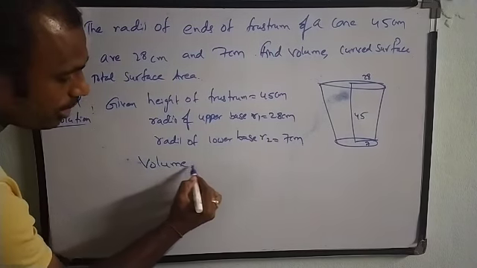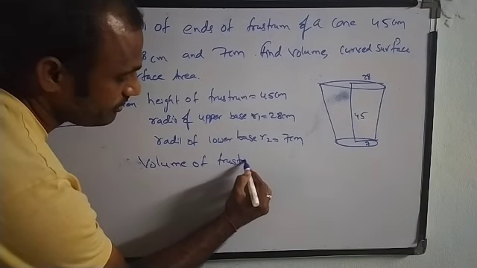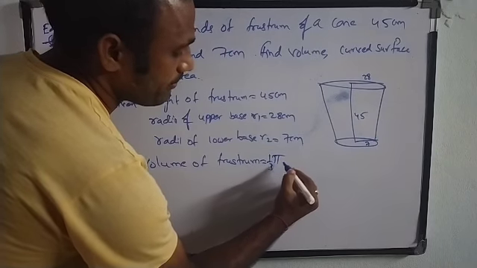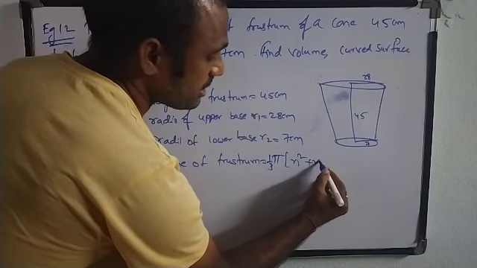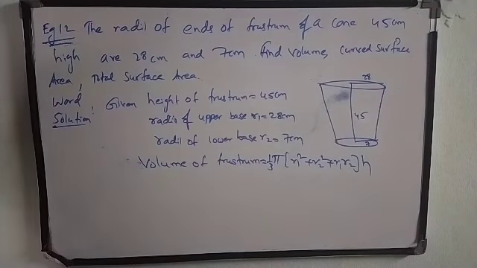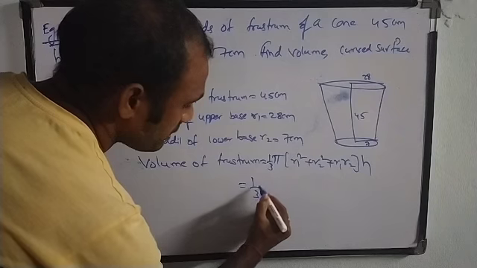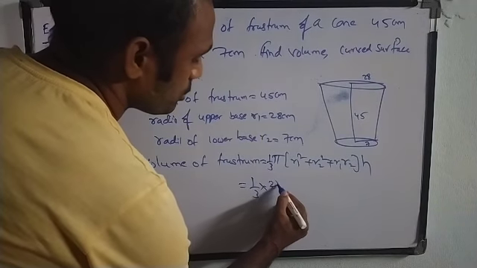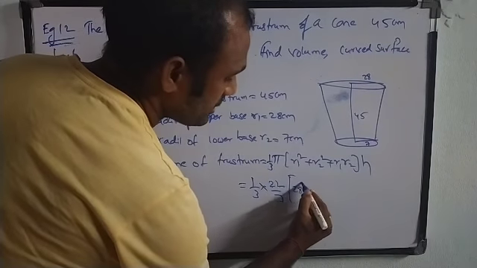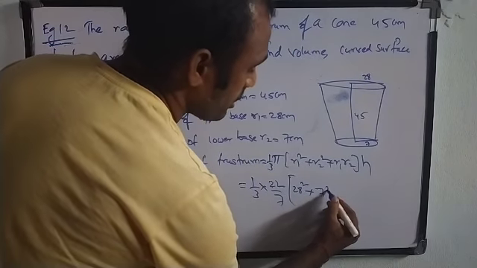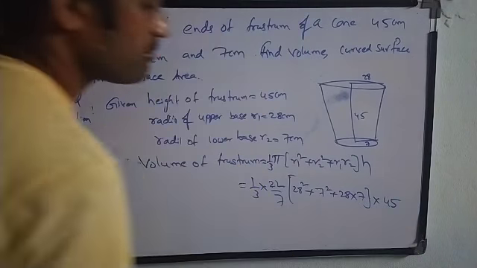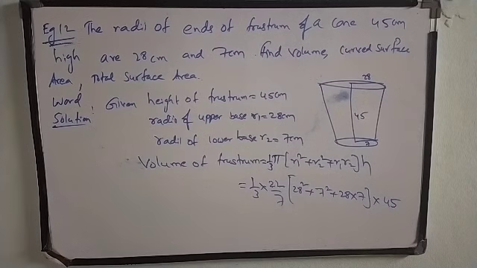Volume of frustum is equal to 1 by 3 pi, r1 square plus r2 square plus r1 r2, into h. So that is 1 by 3. We can take the pi value as 22 by 7, into r1 square, that is 28 square, plus 7 square plus 28 into 7, into 45.